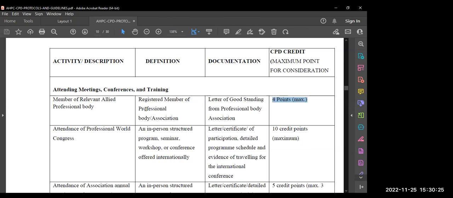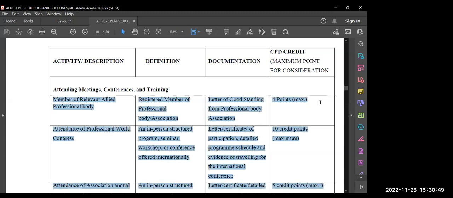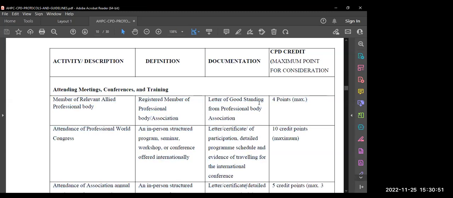So how then do I know that if my name is on the list, I get 4 full points? But what we have agreed, in the recent action we had with the council, where we indicated that we're going to desist from working with them, is that just being a member is 4 full points. So that one I can tell you on authority.